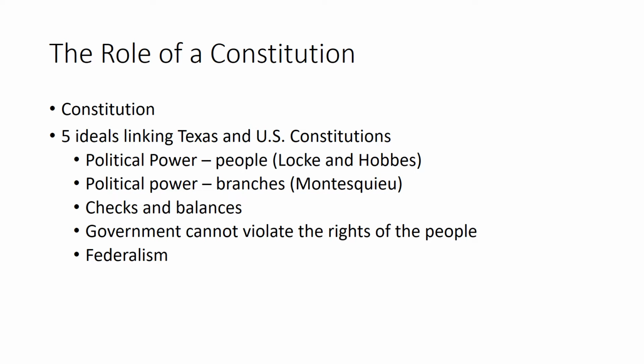Well, in this instance, we know this because Article 6 of the U.S. Constitution establishes the Supremacy Clause. Article 6 states, all laws and treaties passed by the national government are the supreme law of the land and superior to all laws adopted by any state or any subdivision.